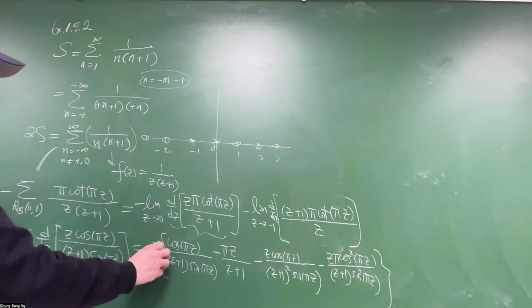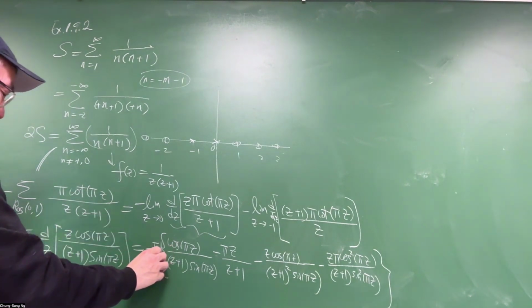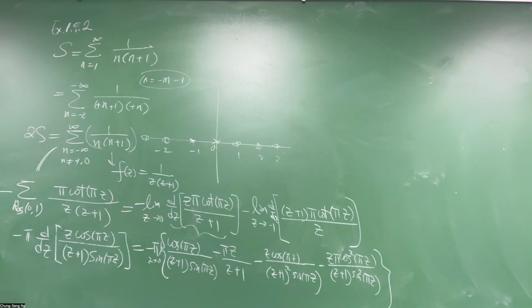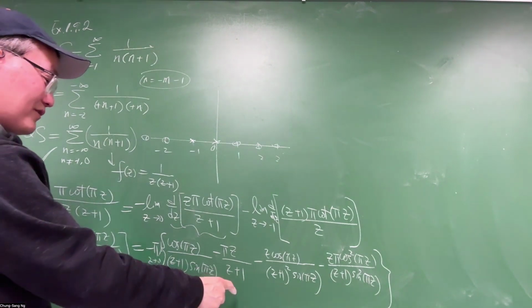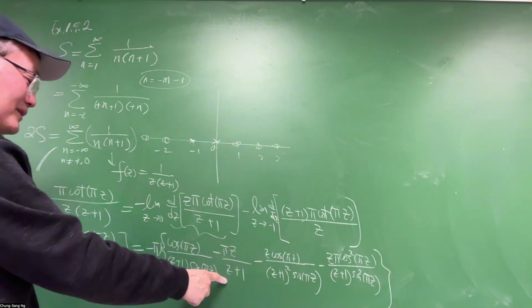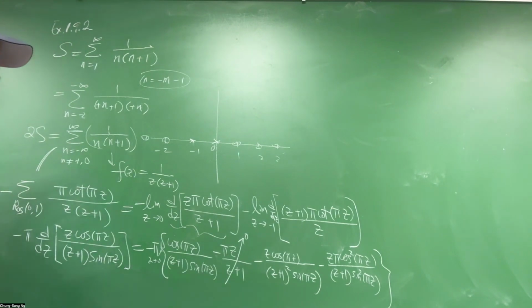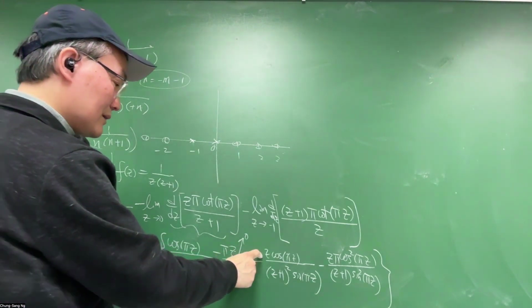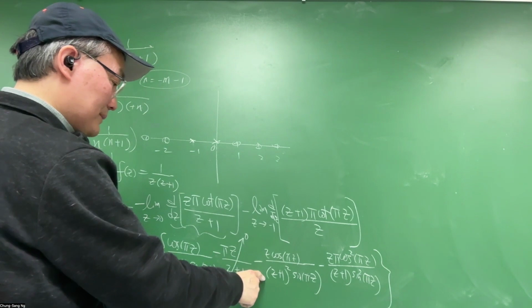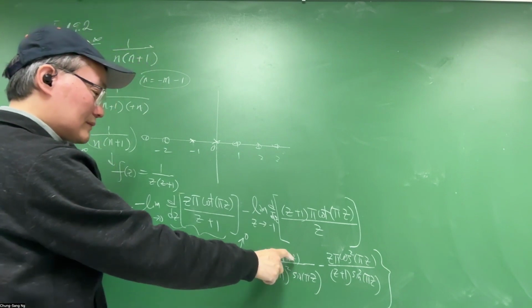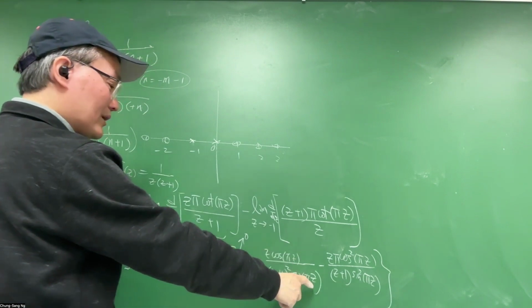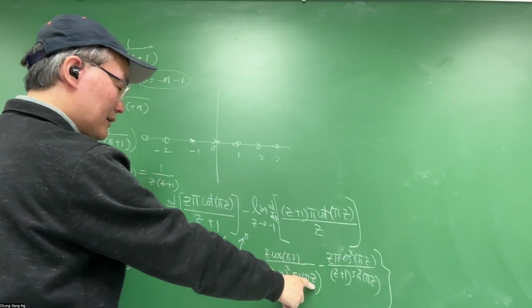And take the limit, so the limit of z equals 0. Now the limit is 1. Now this one is 0. Now this one, sine pi z, the limit is pi z, right?